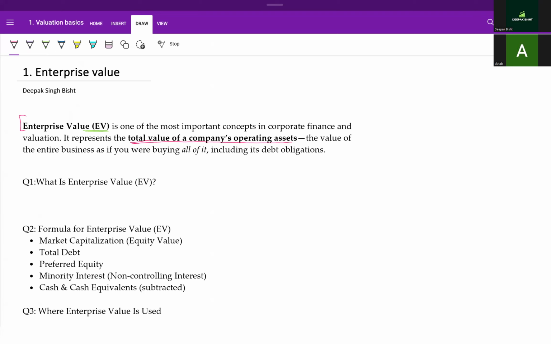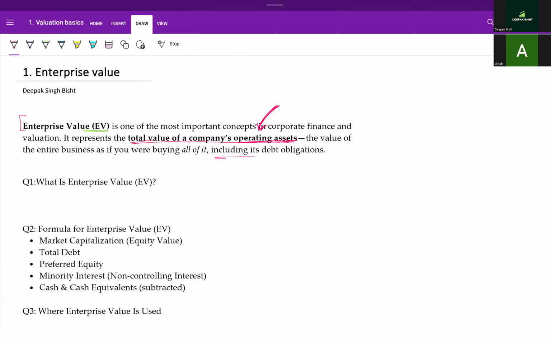Of the operating assets. And I'm emphasizing the operating assets here because it's important to understand what operating assets and non-operating assets are, and we will discuss those in a while. The total value of the company's operating assets, the value of the entire business, as if you are buying all of it, including its debt obligations.